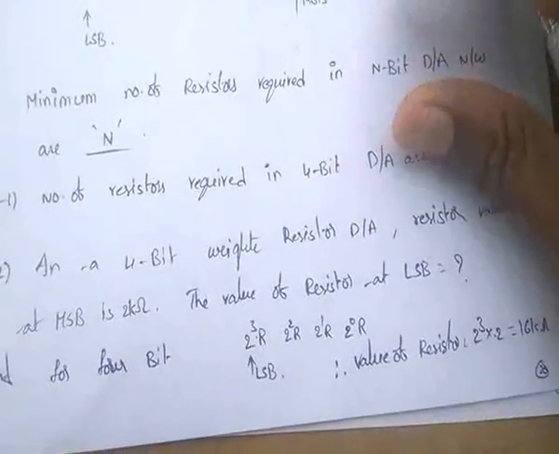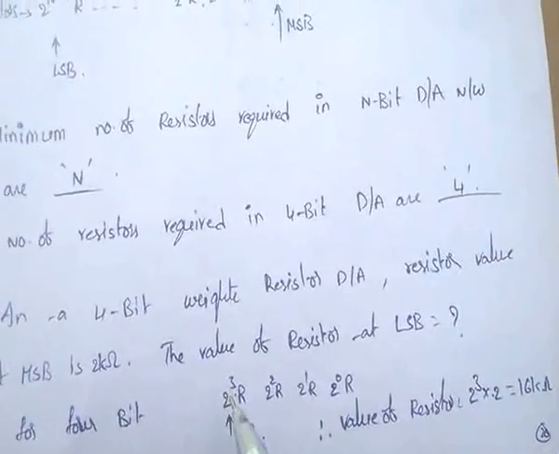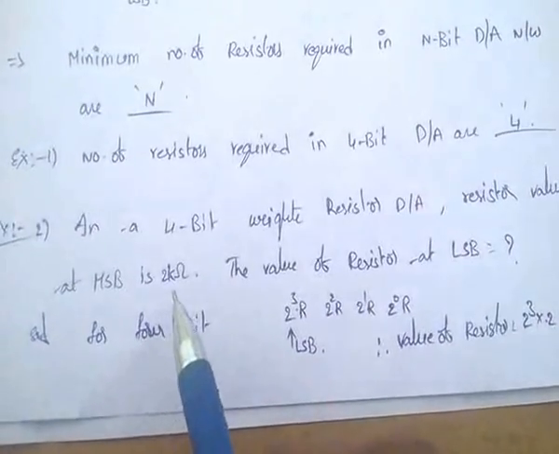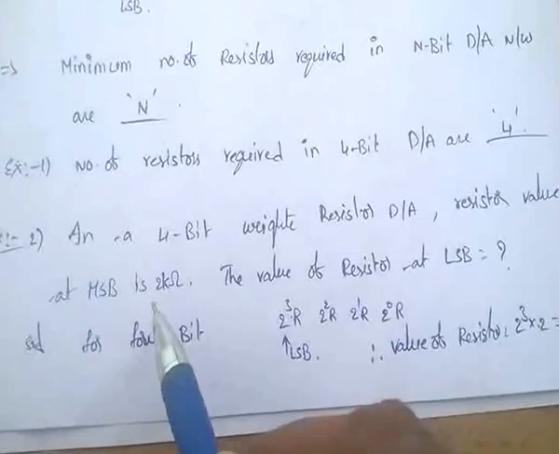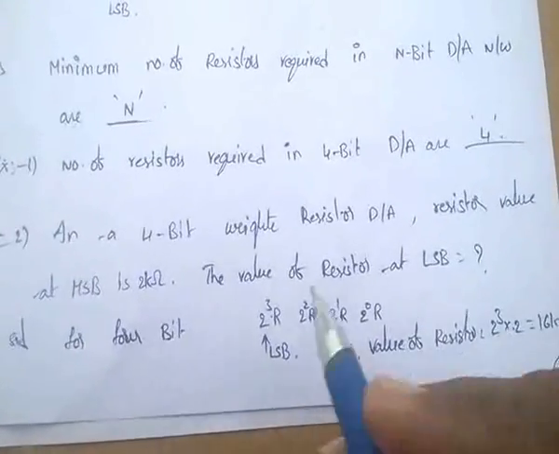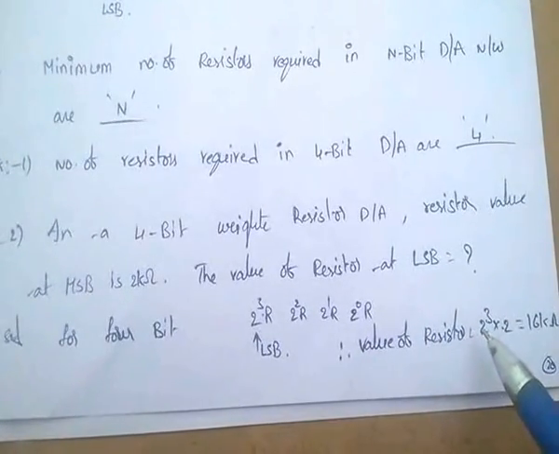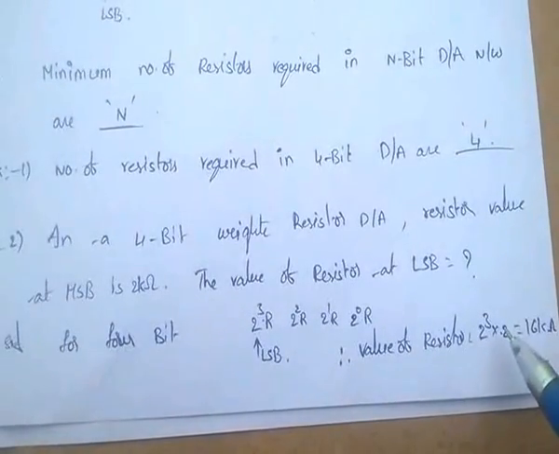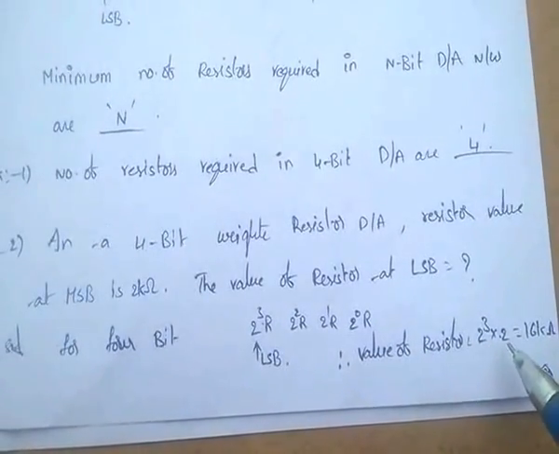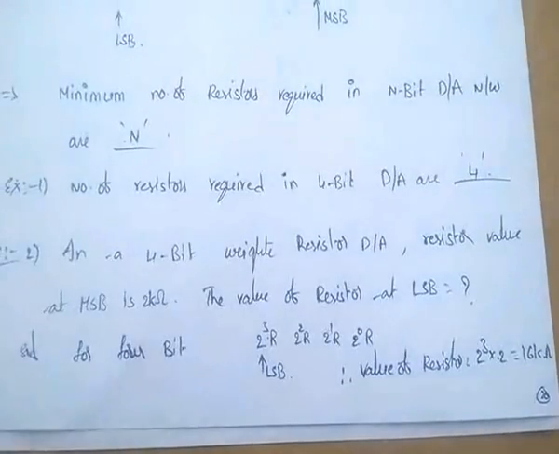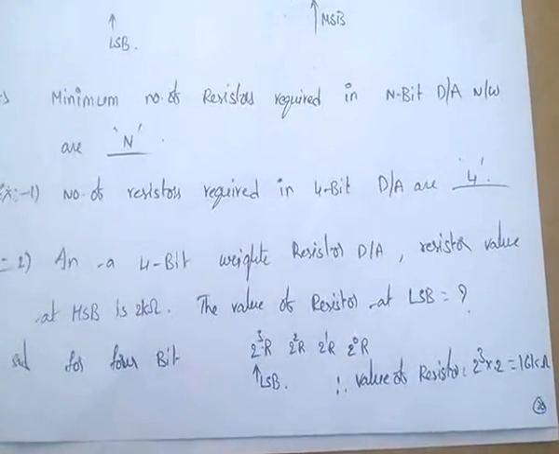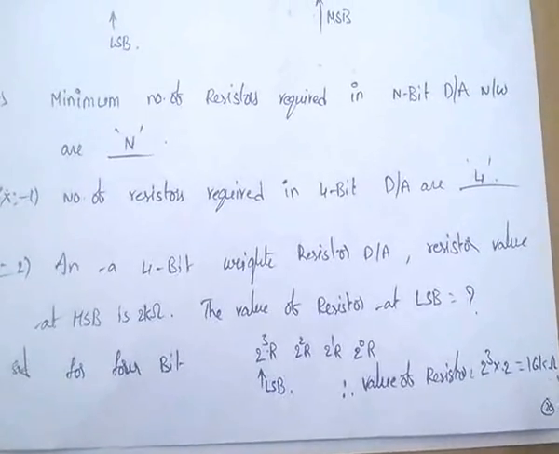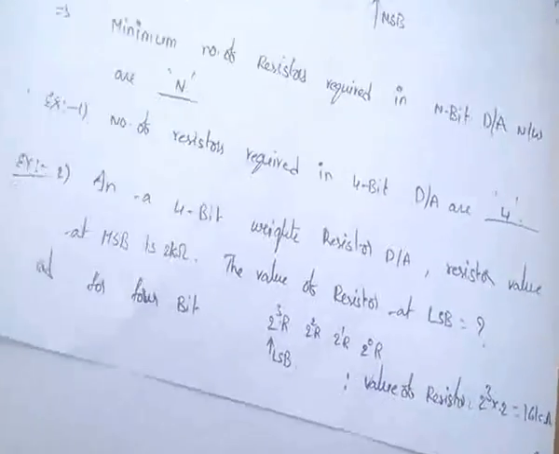The value of resistor at LSB is 2 cubed into R. Here R equals 2 kilo ohms. So substitute 2 power 3 into 2 kilo ohms, that equals 8 into 2, that is 16 kilo ohms. So the resistance at LSB is 16 kilo ohms.